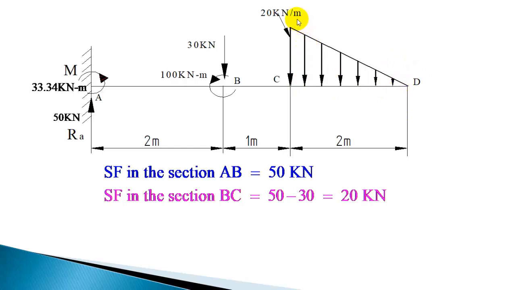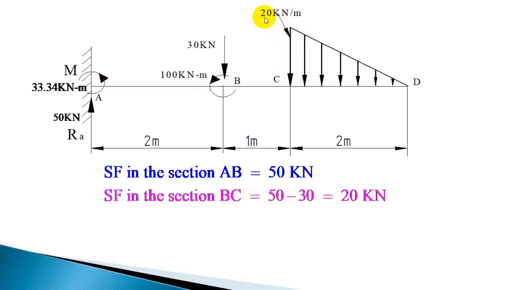Now let us take the section immediately right of C. This is not a point load, it's a distributed load. Intensity is shown, so immediately right of C, the part of load added is negligibly small. It is infinitesimally small distance right of C, so the part of load is negligibly small.